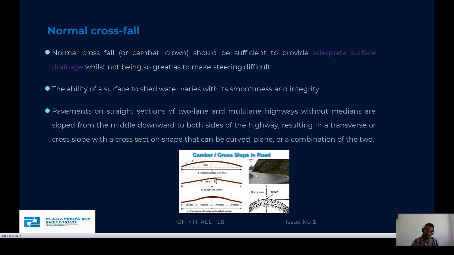And the normal cross fall is a very important element, mostly called camber.